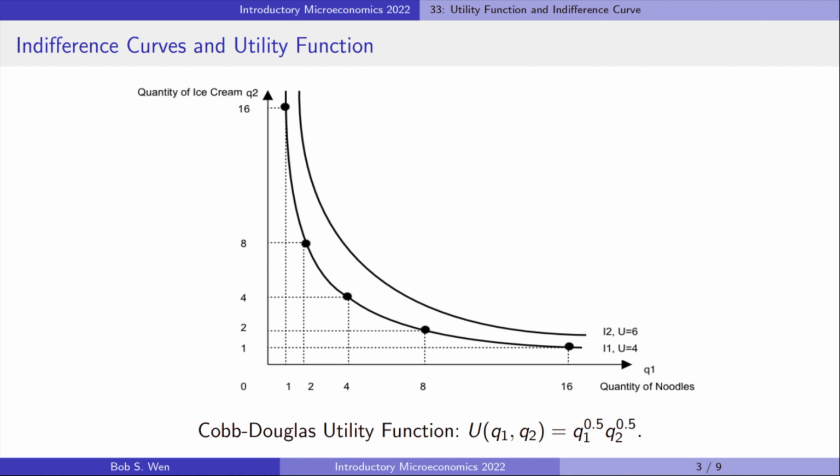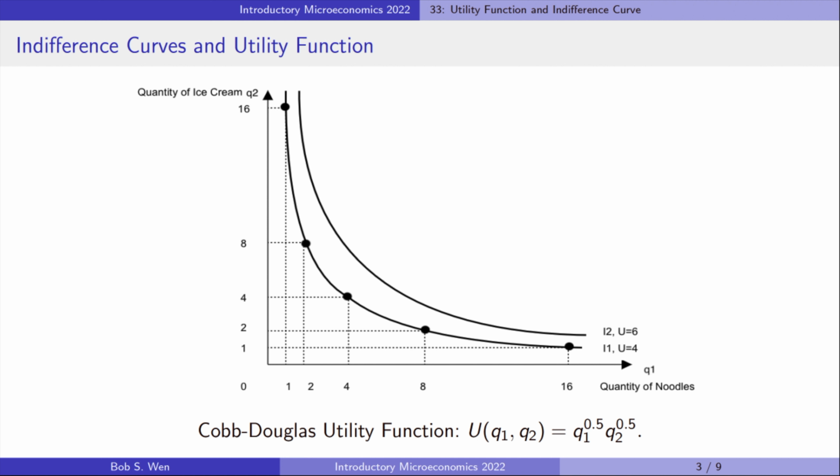Suppose alpha is 0.5. Then in our example of noodles and ice cream, the amount of utility that the consumer gets from consuming noodles and ice cream is U equals Q1 to the power 0.5 times Q2 to the power 0.5. In the graph, the indifference curves correspond to the utility function.